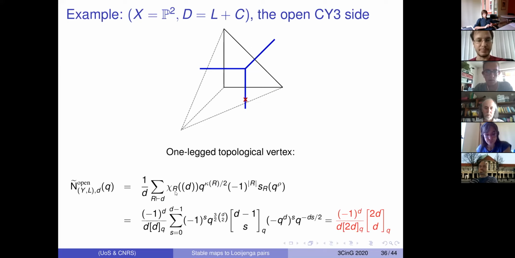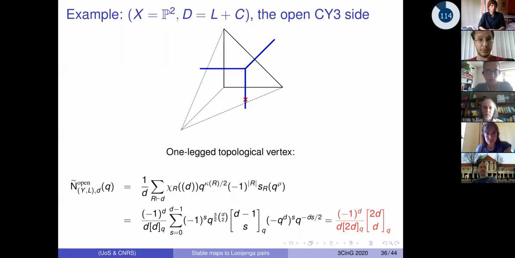So by the Murnaghan-Nakayama rule, these characters are just some sign factor. The Schur function for hook representation has a simple expression in terms of binomials, and one is left with some sum over hooks. And by the Q binomial theorem, the result is, again, the Gaussian binomial coefficient that we had before with some prefactor. And this prefactor is the refined log local open prefactor that's relevant for the correspondence.